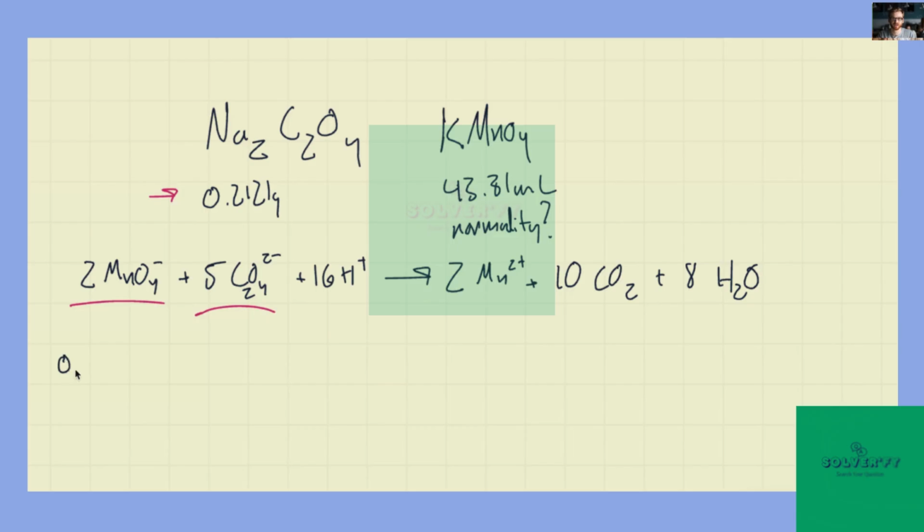We're going to say we had 0.2121 grams of sodium carbonate. Okay, and we can figure out how many moles we had of sodium carbonate by using its molecular weight. A molecular weight you can calculate by hand, but for this type of problem, unless they're specifically asking you to, it's usually best to just look it up.